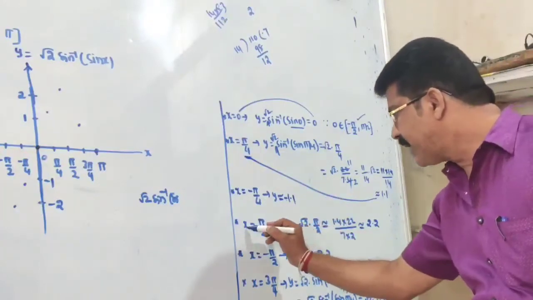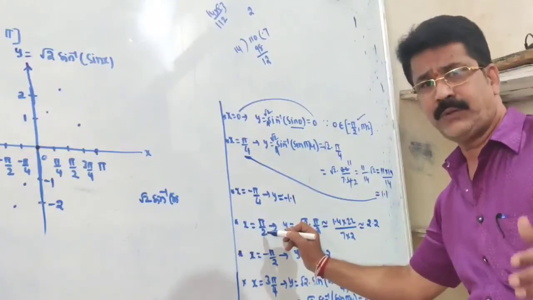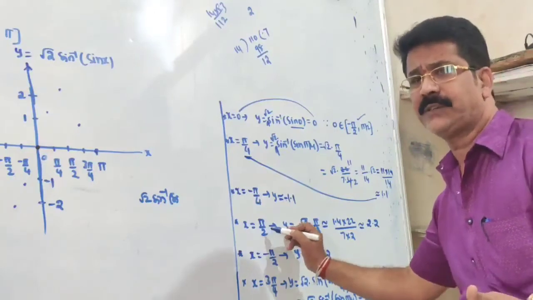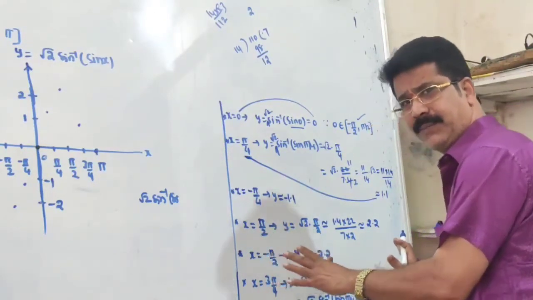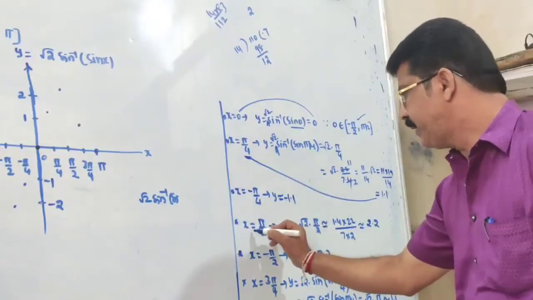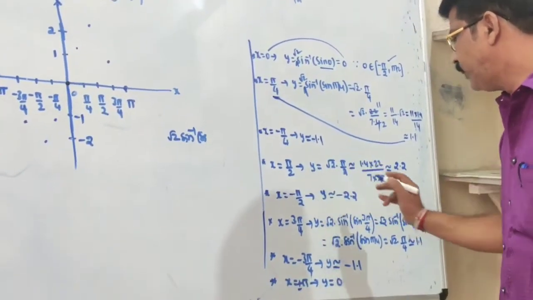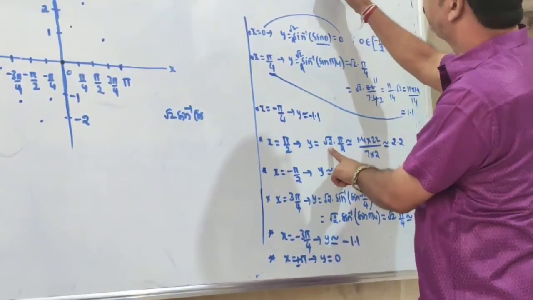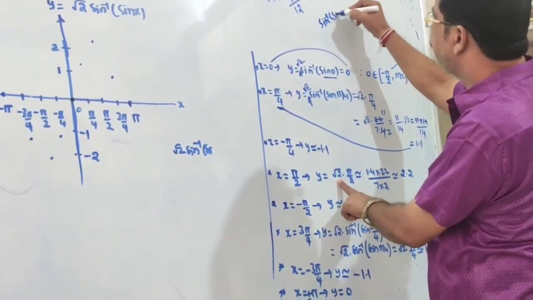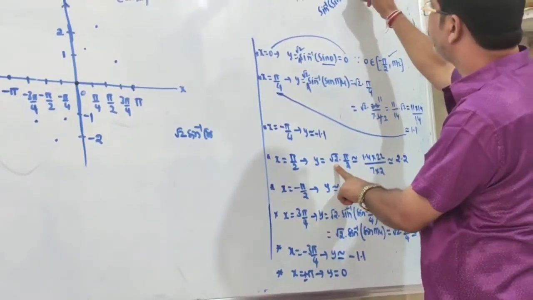Okay. Next, x equal to pi by 2. To save time in this video class, I took the direct steps. Please understand. X equal to pi by 2, then y equal to root 2 into sin inverse of sin pi by 2.